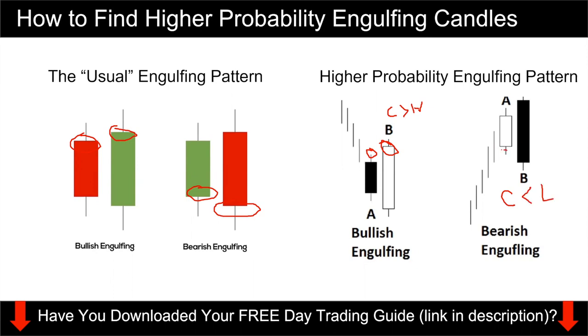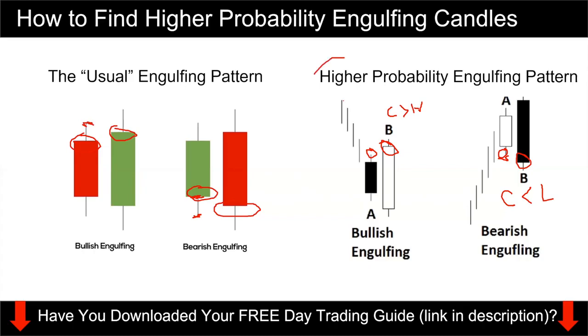So in this case, the low is here and the bearish candle closes below the low. So you compare this and this. This one only closes below the open, but it doesn't close below the low. In this case, the same thing, it only closes above the open, but it doesn't close above the candle high.